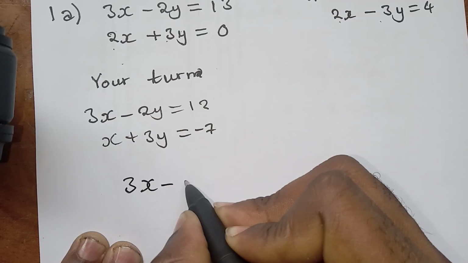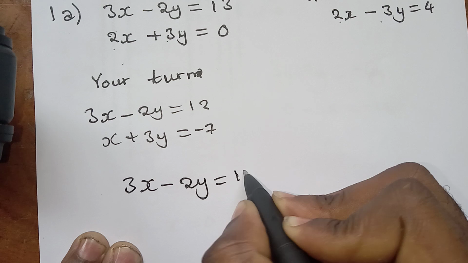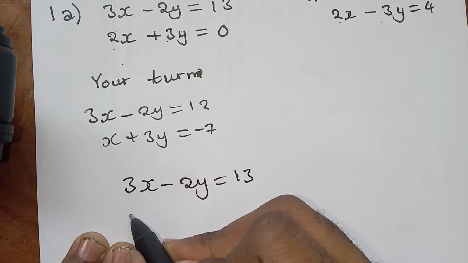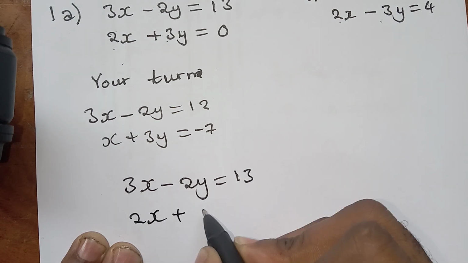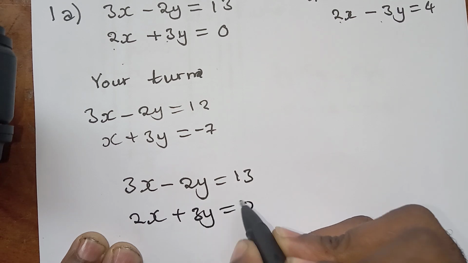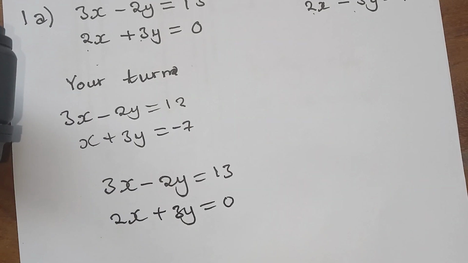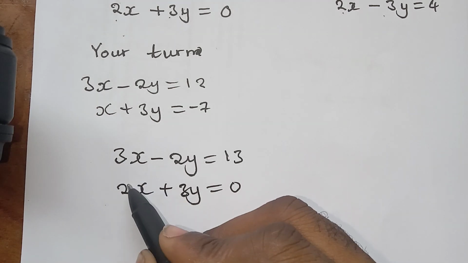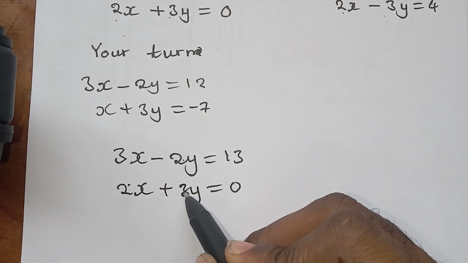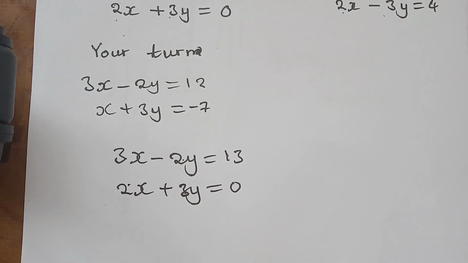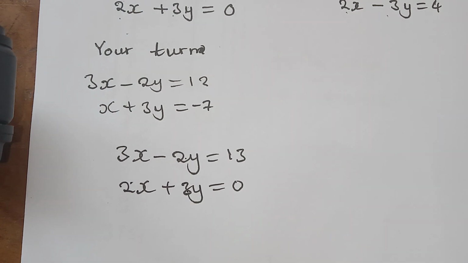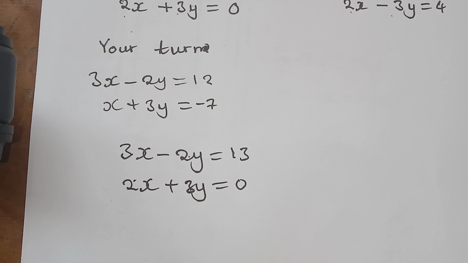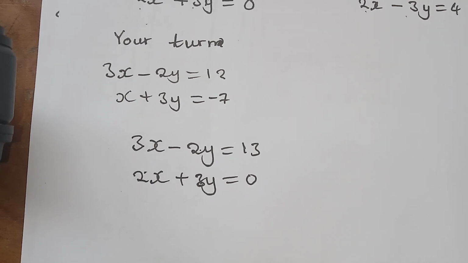We have 3x minus 2y is equal to 13, and then you have 2x plus 3y is equal to 0. So now you want to make either the x coefficients or the y coefficients the same, and then you can use our regular methods to solve for x and y.